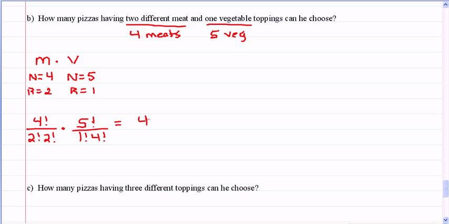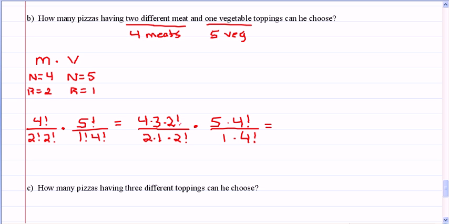So 4 factorial is 4 times 3. I stop at 2 factorial, and I just have to expand one of them out in the denominator. And now for vegetables, I stop at 4 factorial. 1 factorial is just 1.